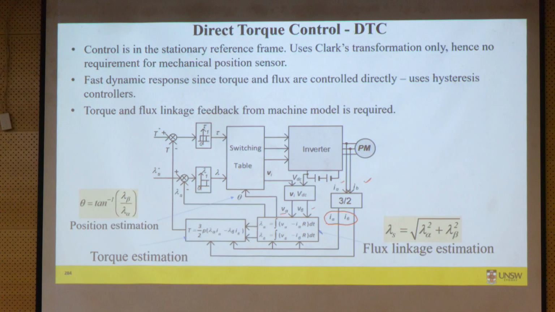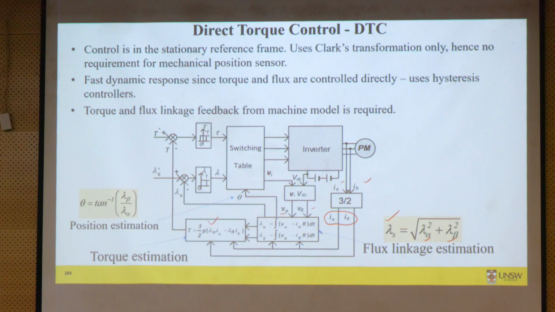We can also estimate the flux, because the resultant flux linkage lambda is the square sum of your lambda alpha and lambda beta, right? This becomes your feedback signal for the torque controller and a flux linkage controller.